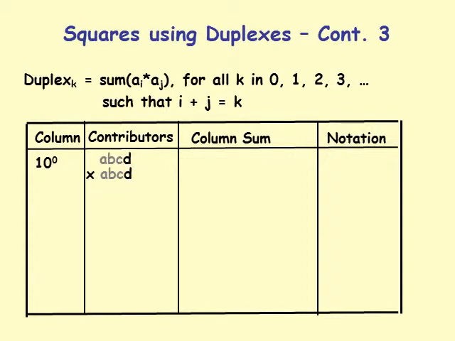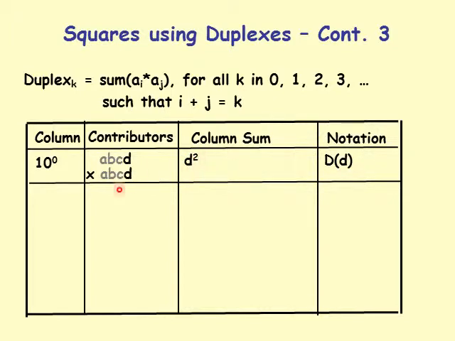We will multiply d by d, and that's the only product we have, so the sum of such products would be d squared. In notation we call that the duplex of d. So duplex of d is d squared.